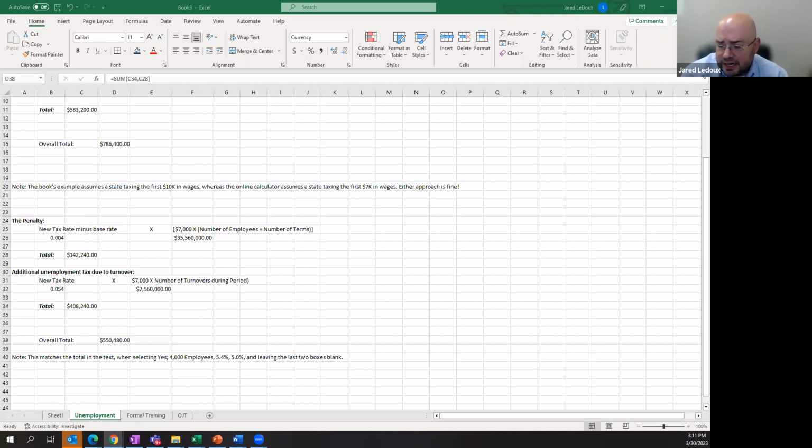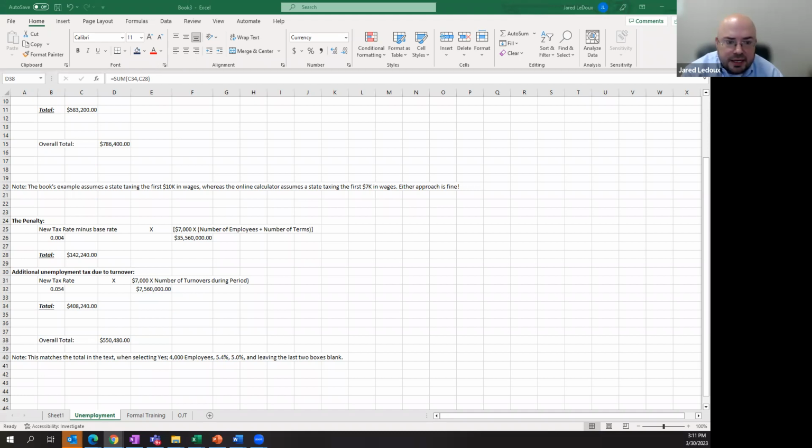But it doesn't let you know in the exercise the average turnover tenure of your termed employees or anything like that. And so we just make the assumption that everyone is meeting the $7,000 standard, and we're going to be taxed on everyone within the organization. I pay the penalty for all of our team members, plus those in term as well.